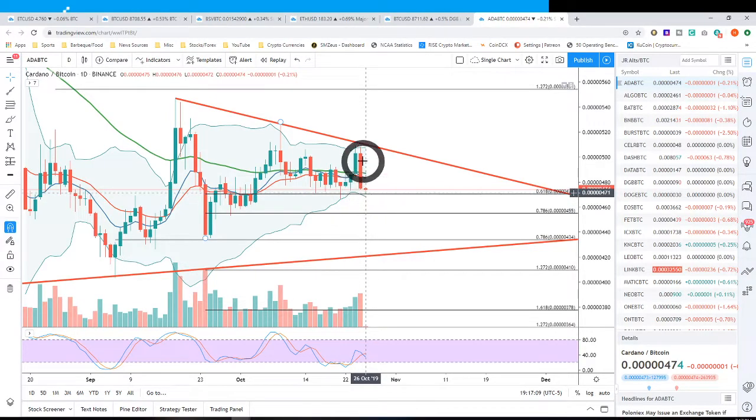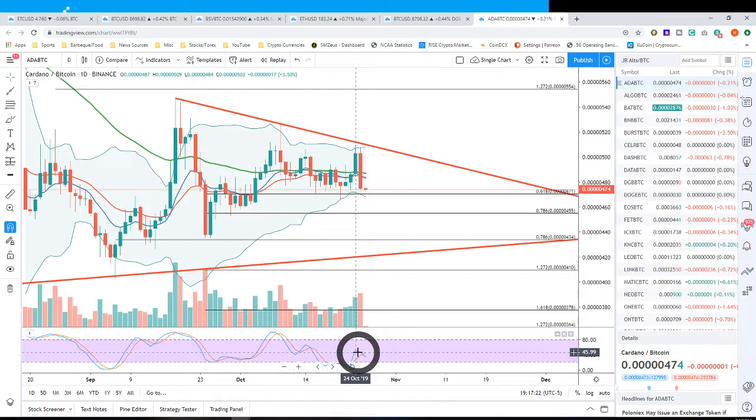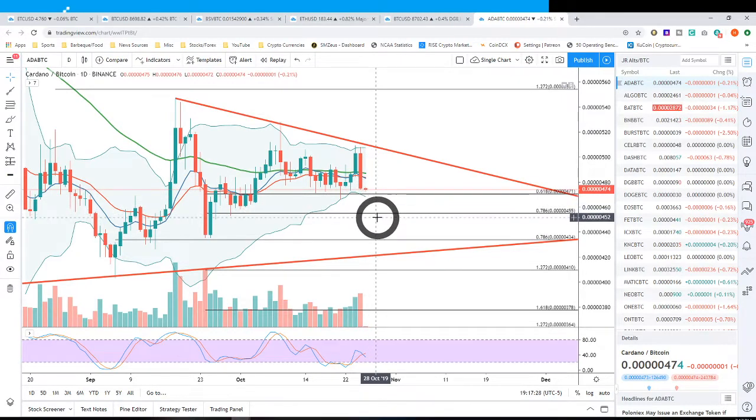But I would stay away from ADA BTC for now, right? And you got your stochastic RSI, which is failing at the 50 area, right here. It's crossing over. This thing looks like it could come down into the 450s, possibly even the 430s, depending on how high Bitcoin goes.